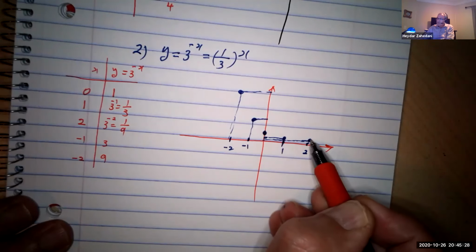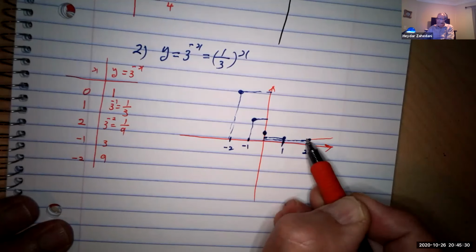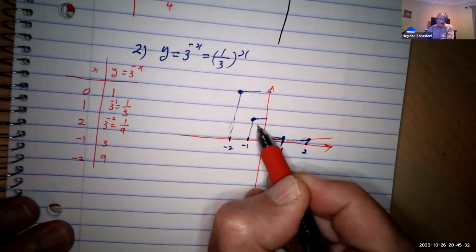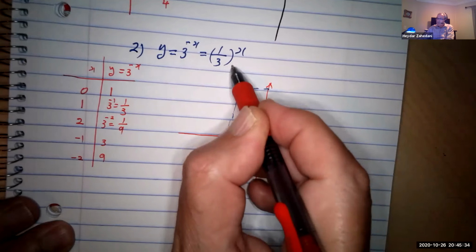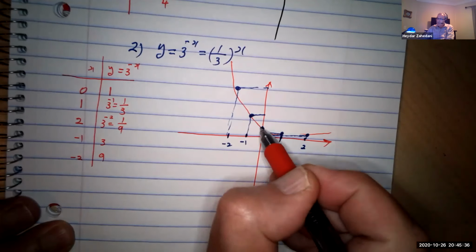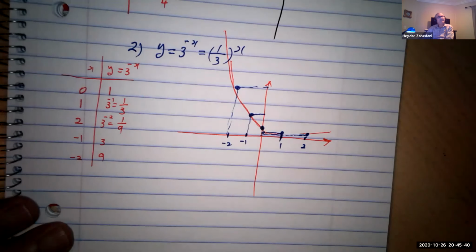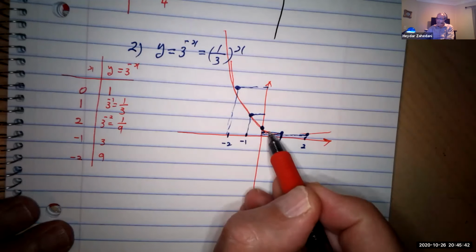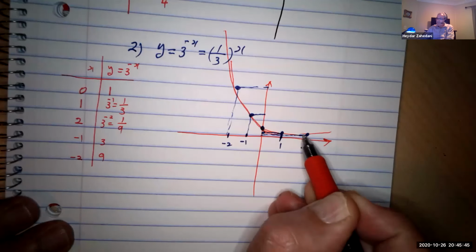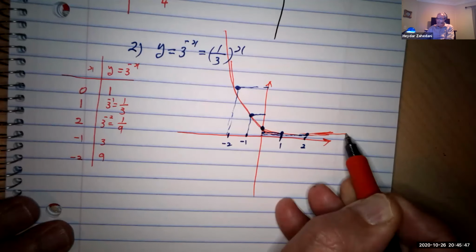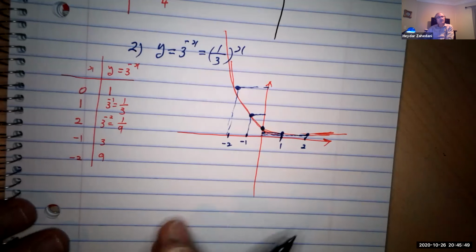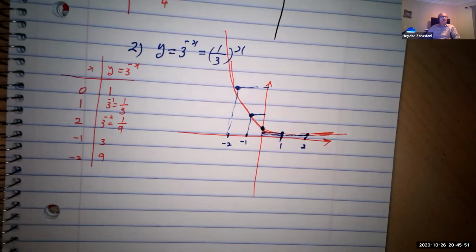So it starts from here. This is going to be the graph, this part. As you can see, when you go from left to right, the graph goes down, down, down. So that would be an exponentially decreasing graph, if you like.